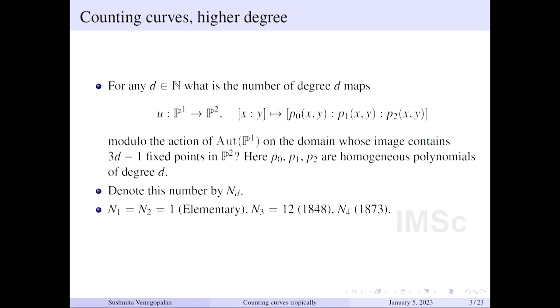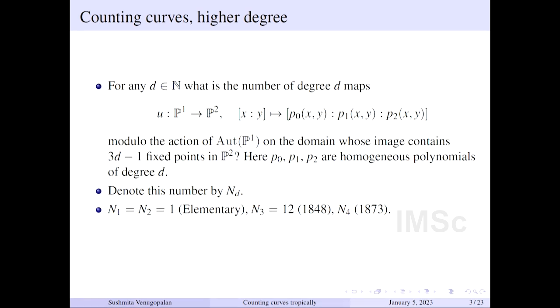If you do that, the answer is a discrete number, and we denote this number by ND. N1 is 1, which is what we saw in the last slide. And N2 is 1 is a classic elementary result, which says that there is exactly 1 quadric passing through 5 generic points.